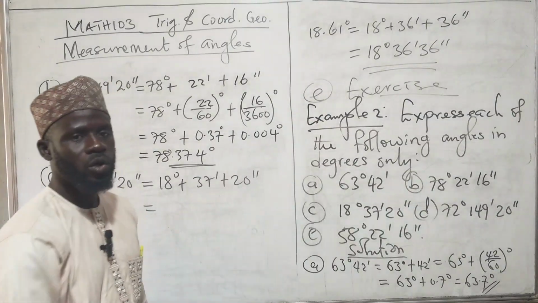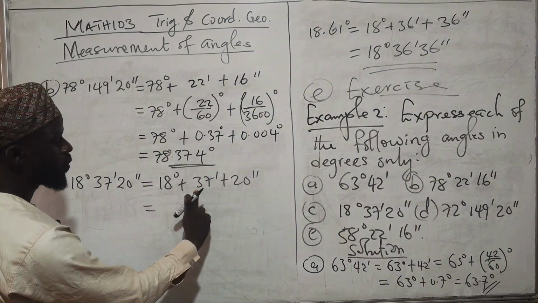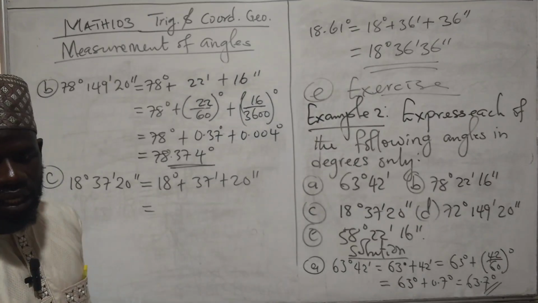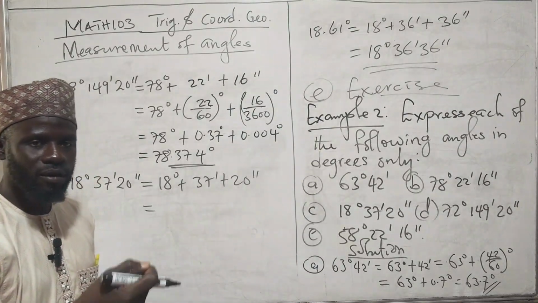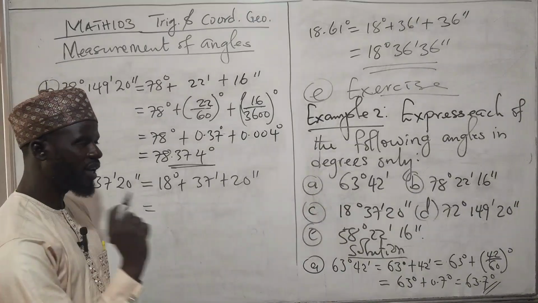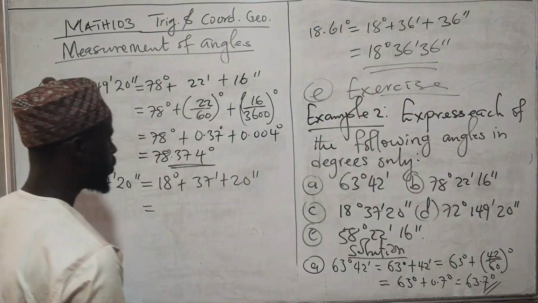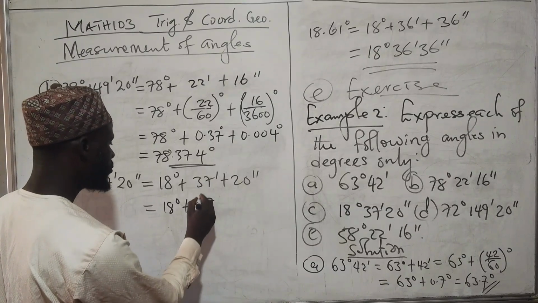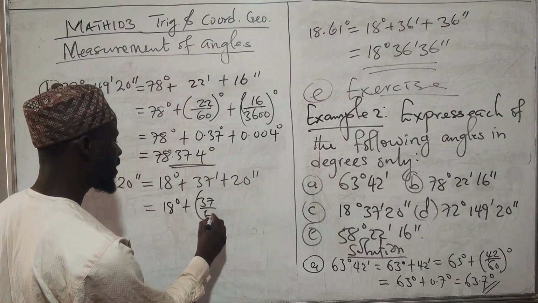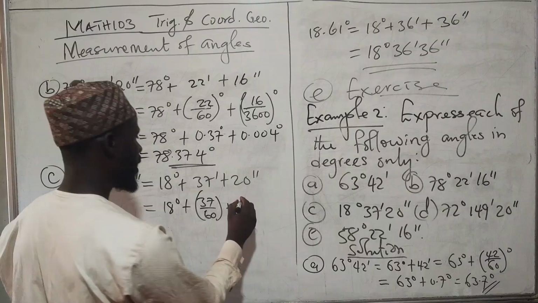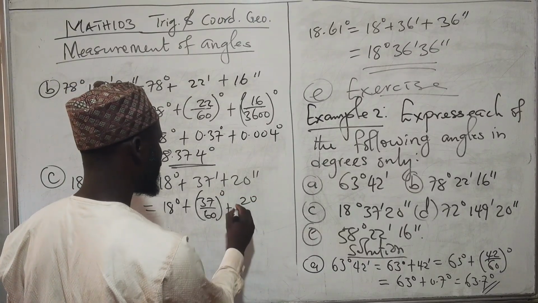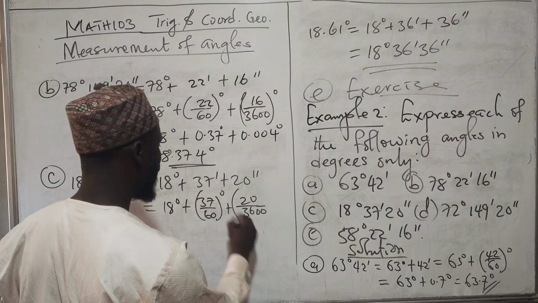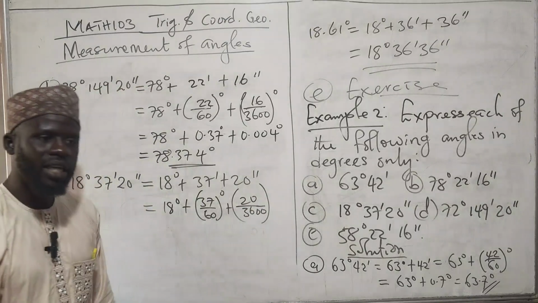And we know when converting an angle from minutes to degrees, we divide by 60. And directly converting an angle from seconds to degrees, we divide by 3600. So we have 18 degrees plus 37 divided by 60 plus 20, divided by 3600, which is in degrees after division. Always remember, don't just divide by 60 and expect that the answer is correct.